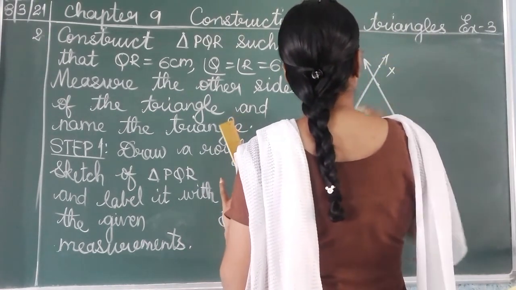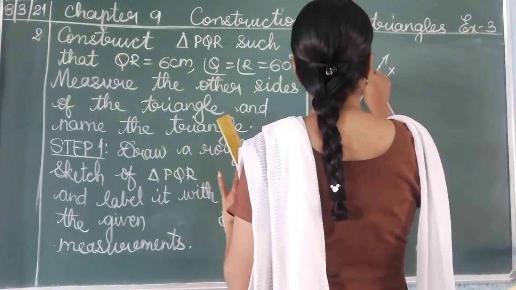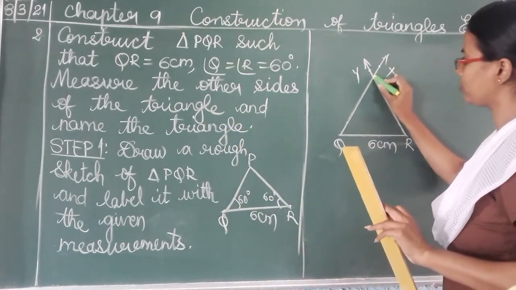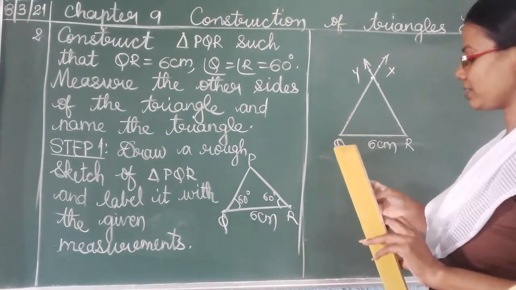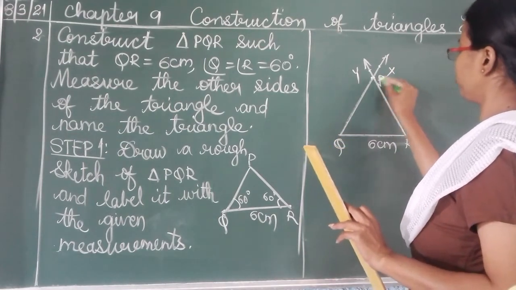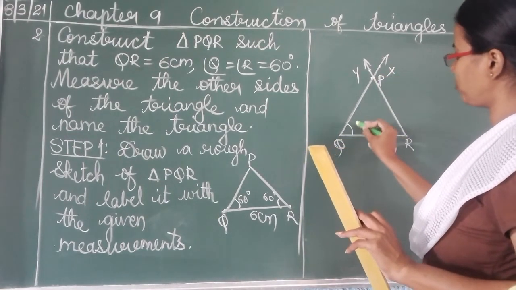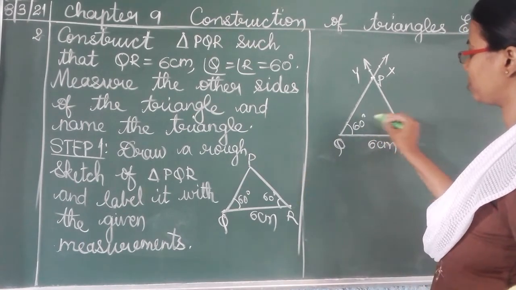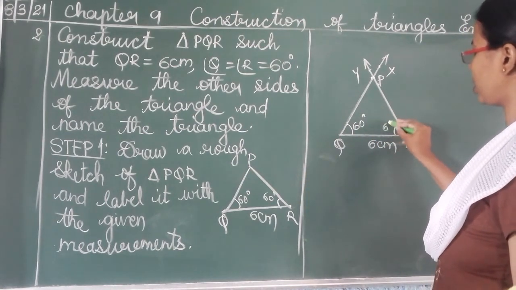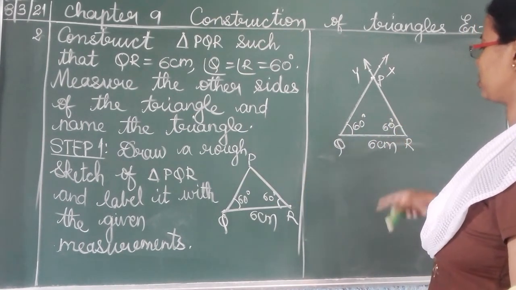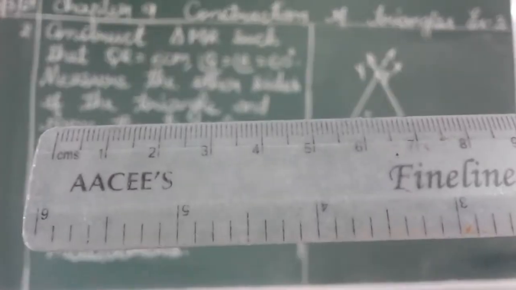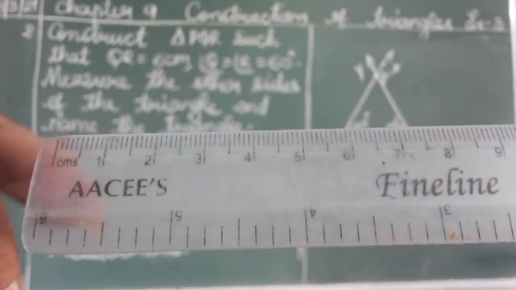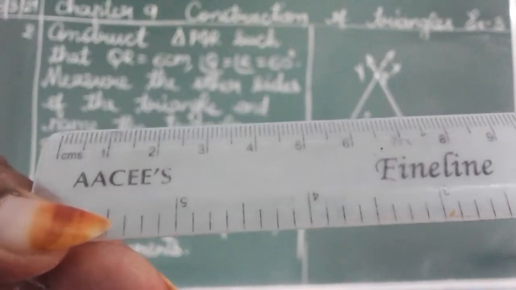This ray QX and RY rays we have drawn, and we have seen that it is intersecting at a point P. Now write the measurements. This is 60 degrees and the other side is 60 degrees. Understood this? You can see 6 centimeters.